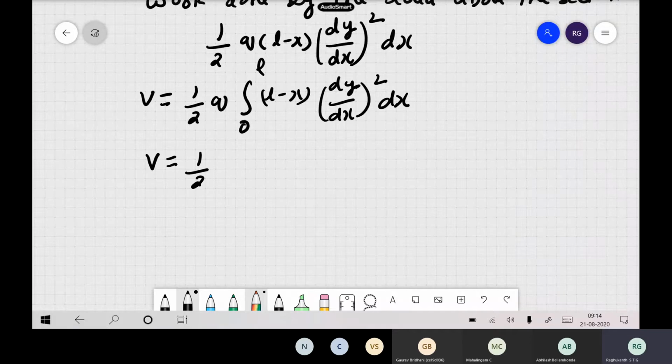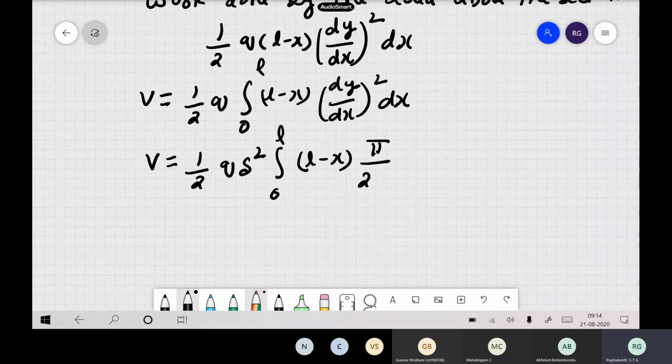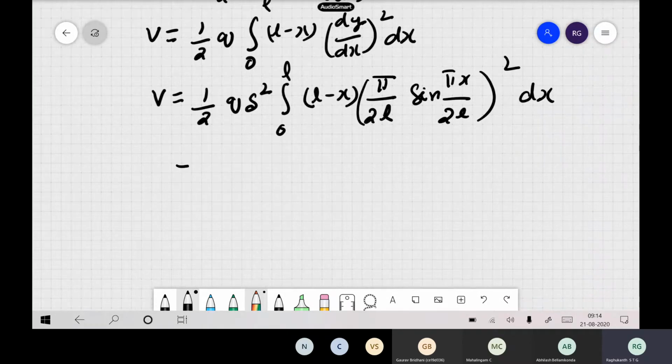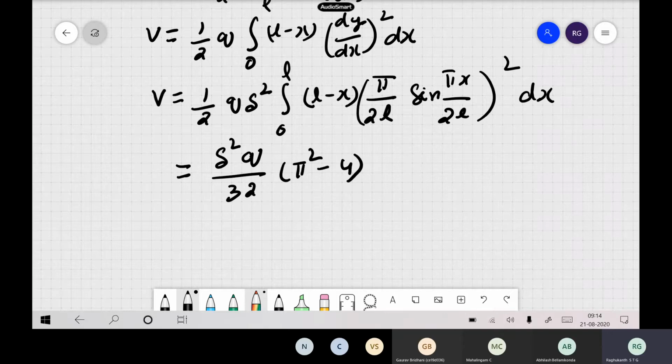So it becomes half q into delta square, integral 0 to L, L minus x, pi by 2L, sine pi x by 2L whole square dx. So this is the expression. Now you do the integral in closed form. If you write it in the MATLAB symbolic toolbox, you will automatically get the answer: delta square q by 32 times (pi square minus 4). So this is your work done by the load.